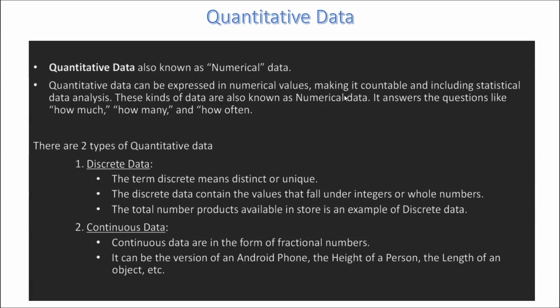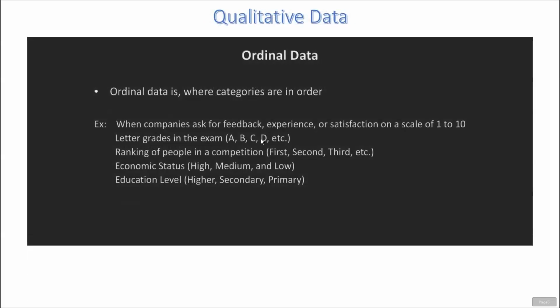Analysis means that if you consider A, B, C, D, we couldn't pass these values into any calculation, whether summation, subtraction, or multiplication. These values can't be helpful for calculation.